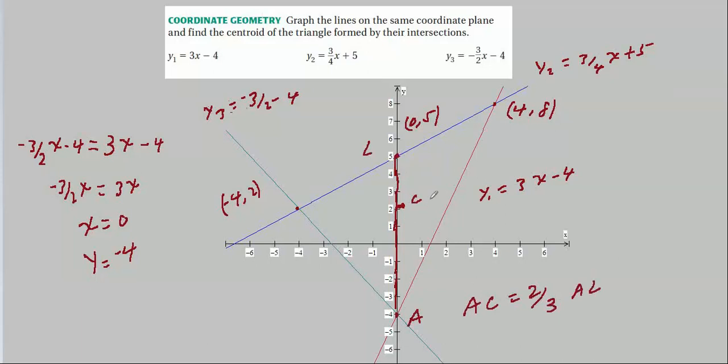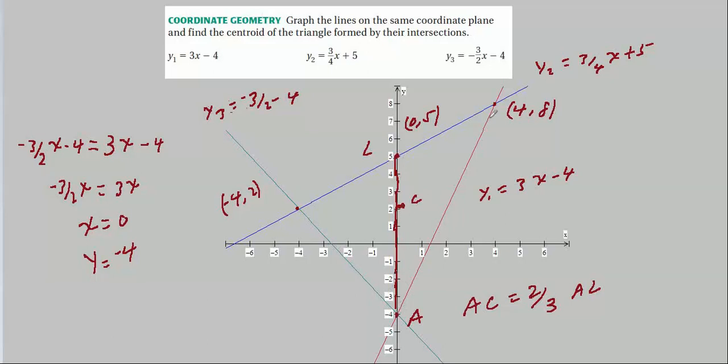So all we have to do is figure out how long this is, go 2/3 of the way. And by the way, if I didn't mention it, the long side of the median is always the side closest to the vertex.